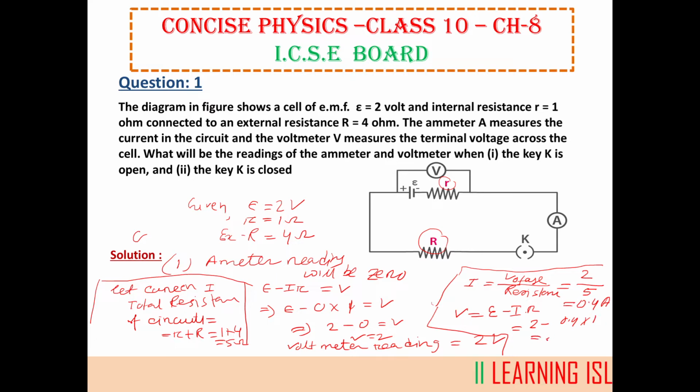So we are getting 2 minus 0.4 equal to 1.6 volt. So in the second case, the ammeter reading will be 0.4 ampere and the voltmeter reading will be 1.6 volt. Hope it is clear to you, so we can get the final solutions here.